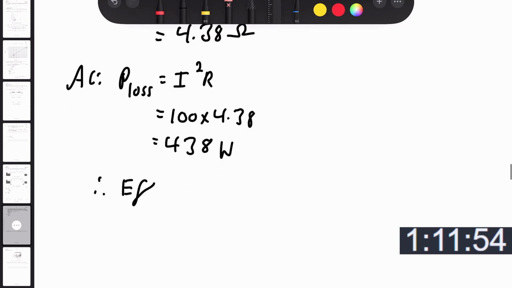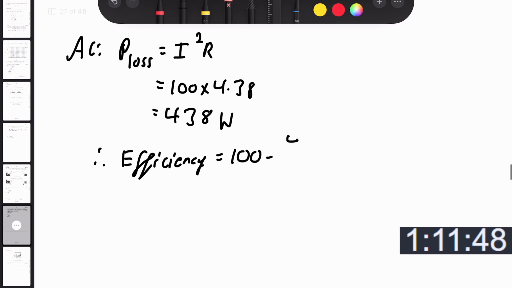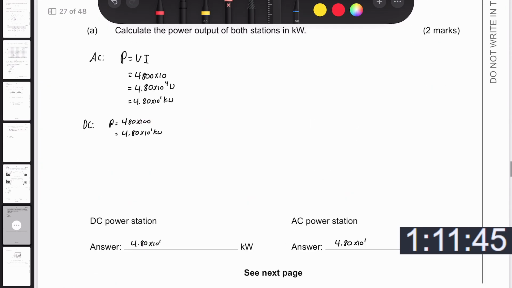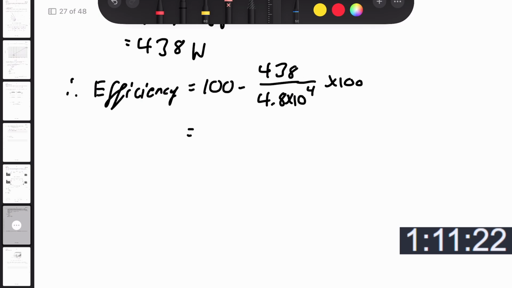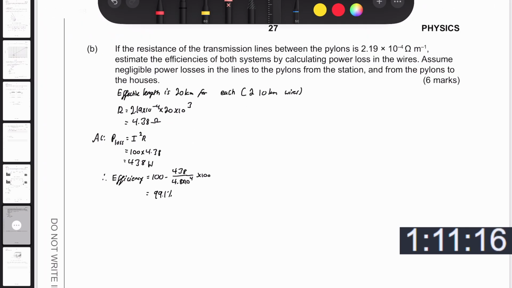And for efficiency, it is equal to 100 minus 438 on 4.8 times 10 to the power 4, and 100. So this will give me 99.1%. 2.19 times 20 is 4.38.